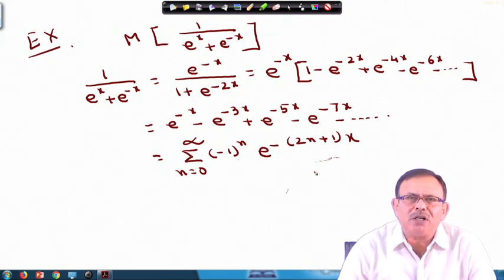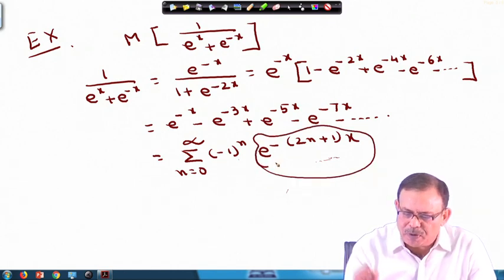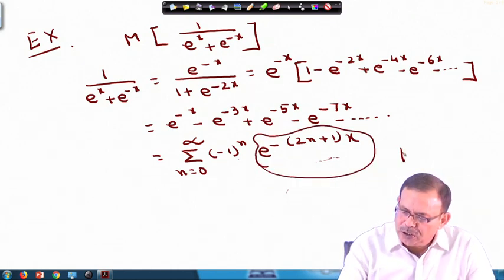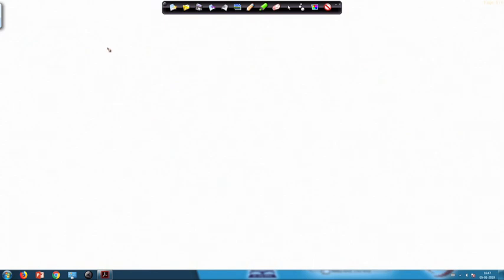And I hope you can understand why we are transforming this in terms of e power, because already you know this thing, Mellin transform of e power ax or e power minus ax is known to us. Since Mellin transform of e power ax is known to us, so Mellin transform of this part we can find out very easily.